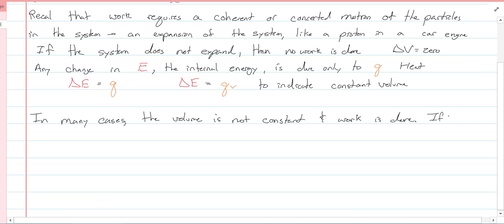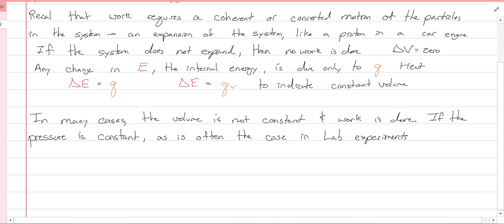So if the pressure is constant, as is often the case in lab experiments, especially shorter ones, then work done is W equals P dV.